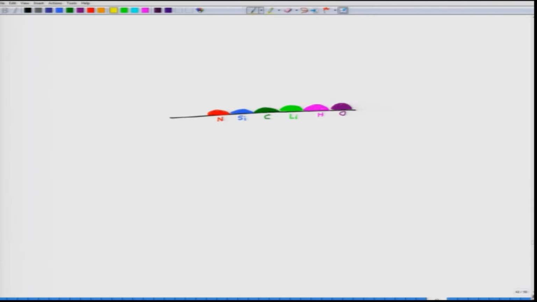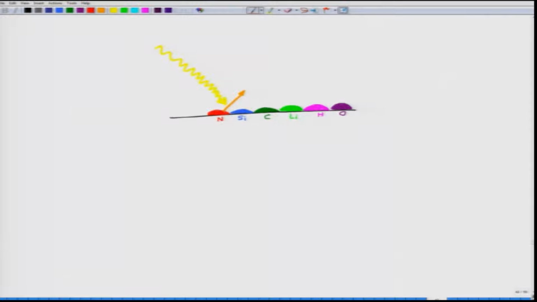Now you shine an emerging beam out here. Do not worry about what you are shining at this point. What this will do is, on the surface, whatever is present, it will eject out the outermost electrons.